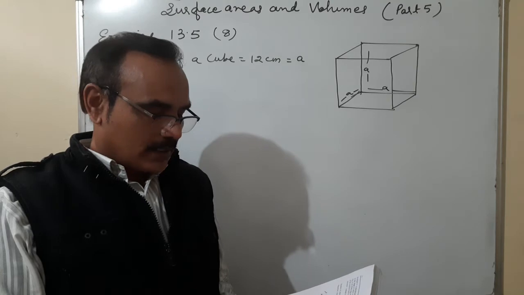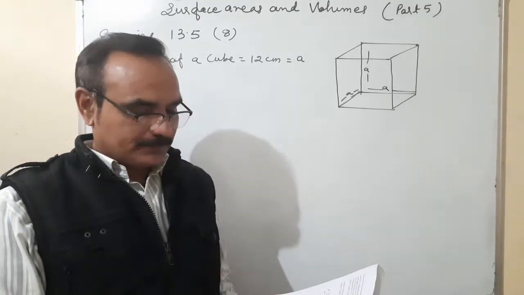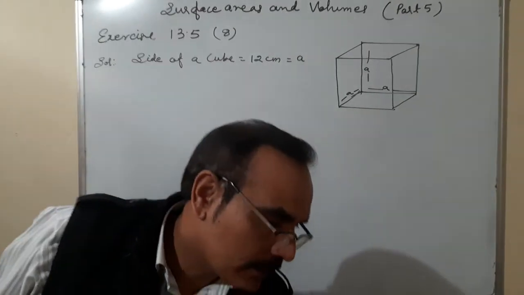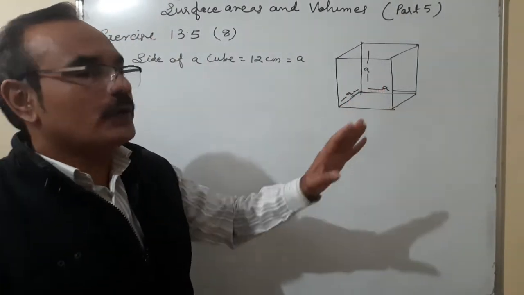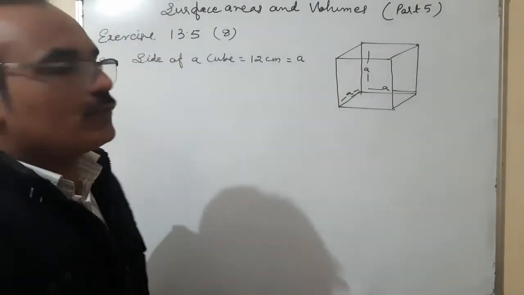It is cut into 8 cubes of equal volumes. What will be the side of a new cube? This is to be cut into 8 cubes of equal volumes. So first of all, we are going to find the volume of this cube.